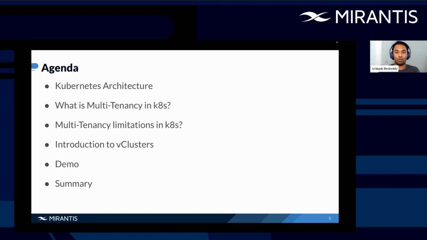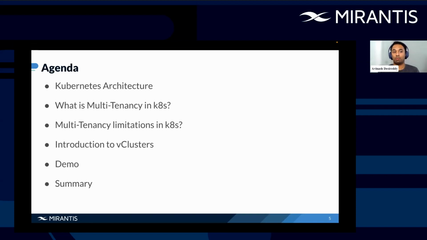With that, this talk is structured as follows. We are going to talk a little bit about Kubernetes architecture. Some of you might be familiar with it, but I'm not going to spend too much time on the architecture, just touch on the basic building blocks.